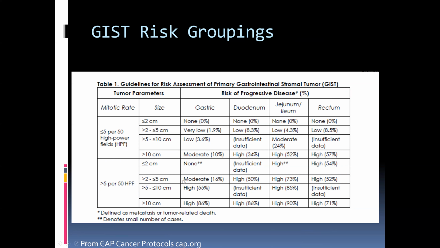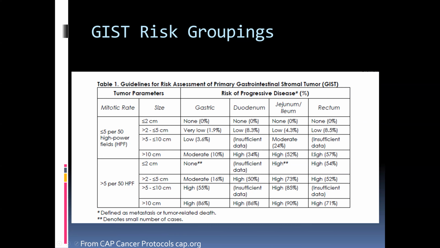Of note is that there are certain categories where we just don't have enough data. For example, duodenal lesions of intermediate size. We don't have a lot of data there. Same thing for rectal lesions and so forth. Some of these intermediate sized lesions and so forth.